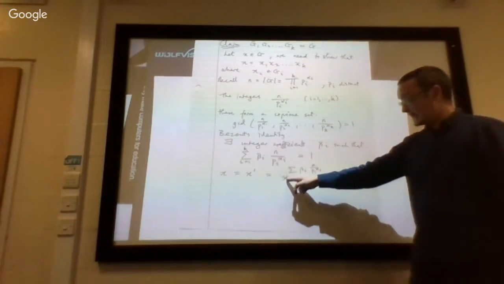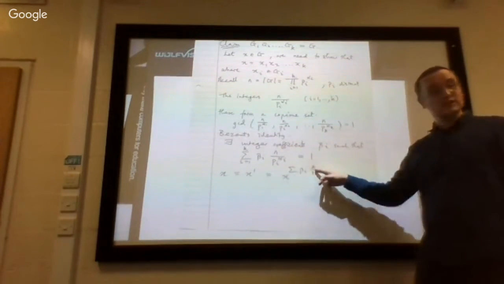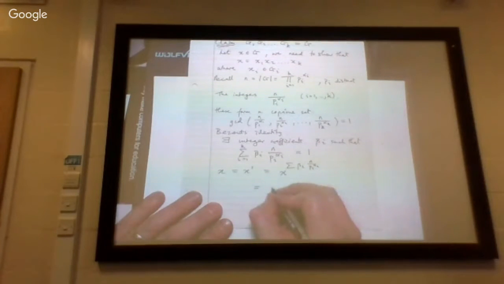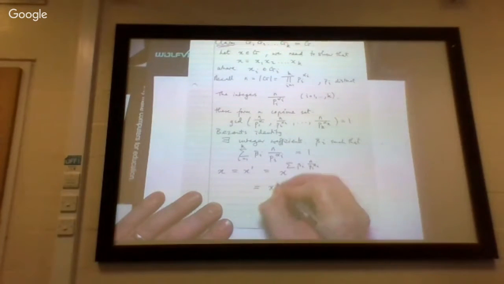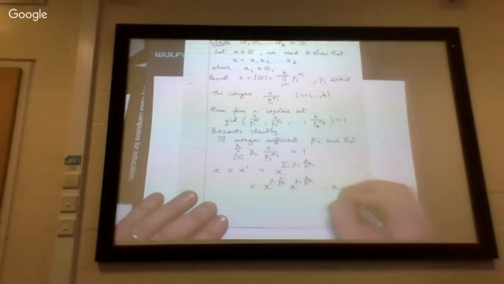What is x to the power of a sum of a load of things? Using your usual rules of indices, that turns into a product of things. So this is x to the power of beta 1 n over p1 to the alpha 1, times x to the beta 2 n over p2 to the alpha 2, etc., all the way to x to the beta k n over pk to the alpha k.